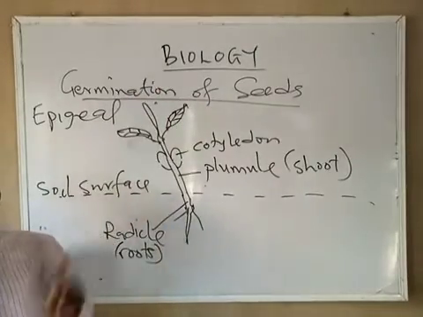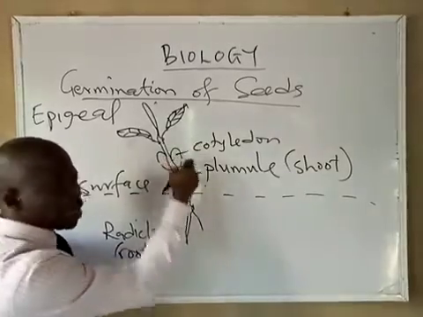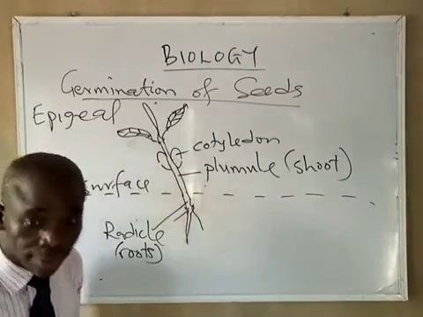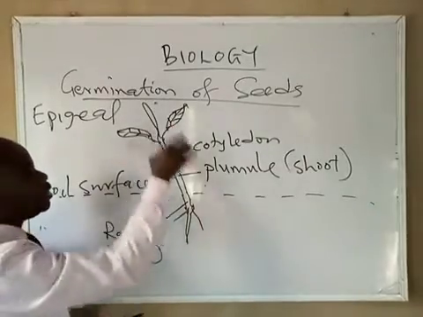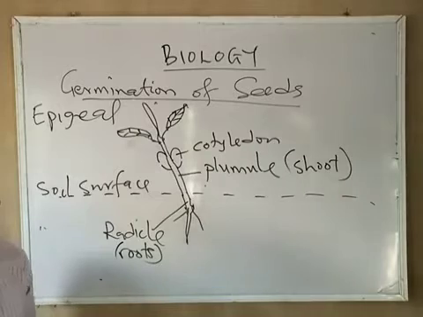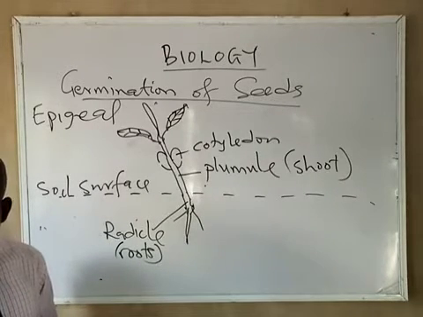In another type of germination, the cotyledon remains within the soil during germination. It is only the plumule that will come out without carrying anything along. That's the main difference between the two types of germination.